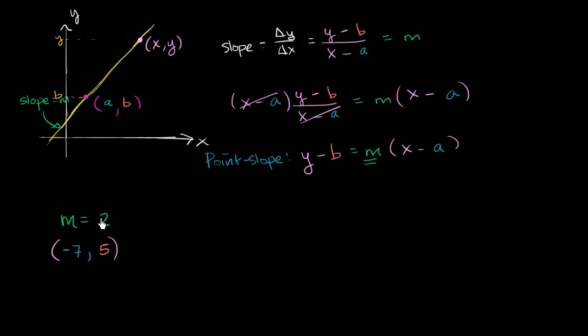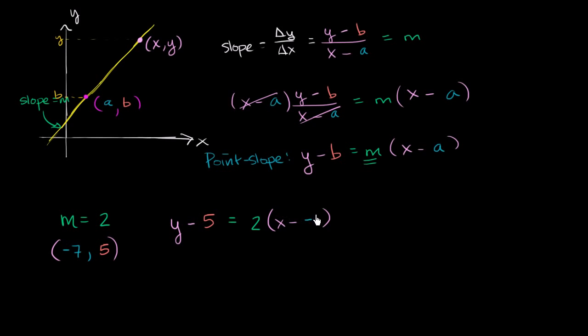You would just say, well, an equation that contains this point and has this slope would be y minus b, which is 5, y minus the y-coordinate of the point that this line contains, is equal to my slope times x minus the x-coordinate that this line contains.